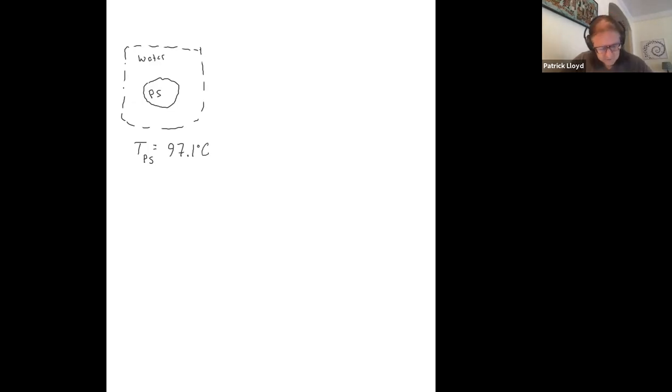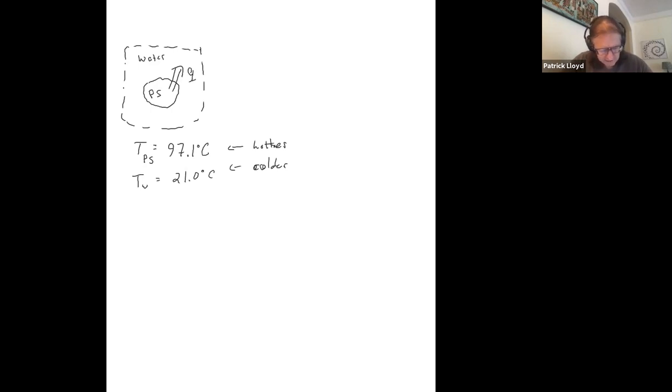The temperature of the water is 21.0 degrees C. So clearly this one's hotter, right? And this one's colder. So that means that essentially what's going to happen is heat is going to transfer from the polystyrene into the water.